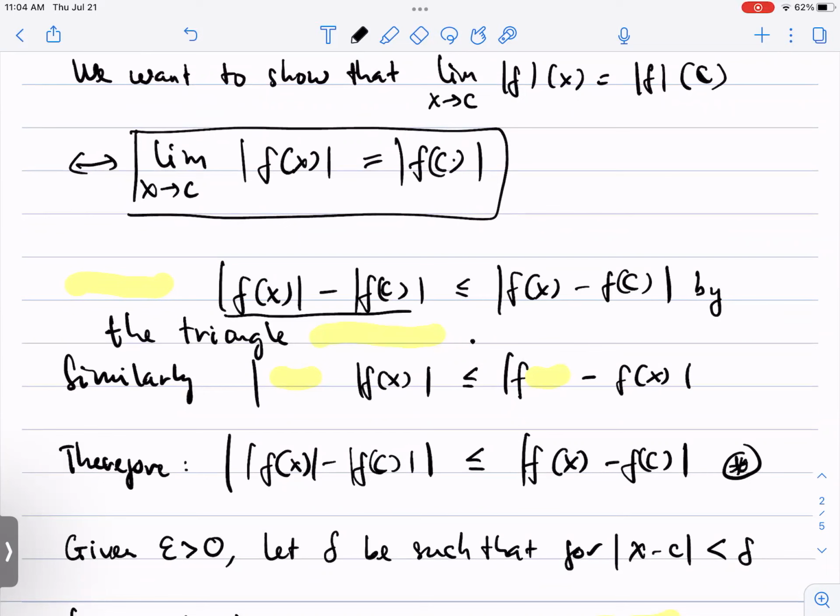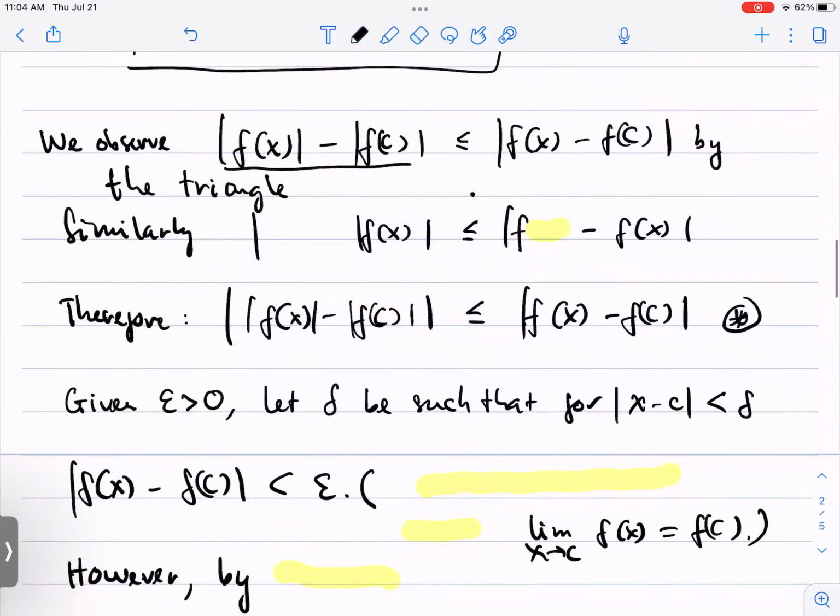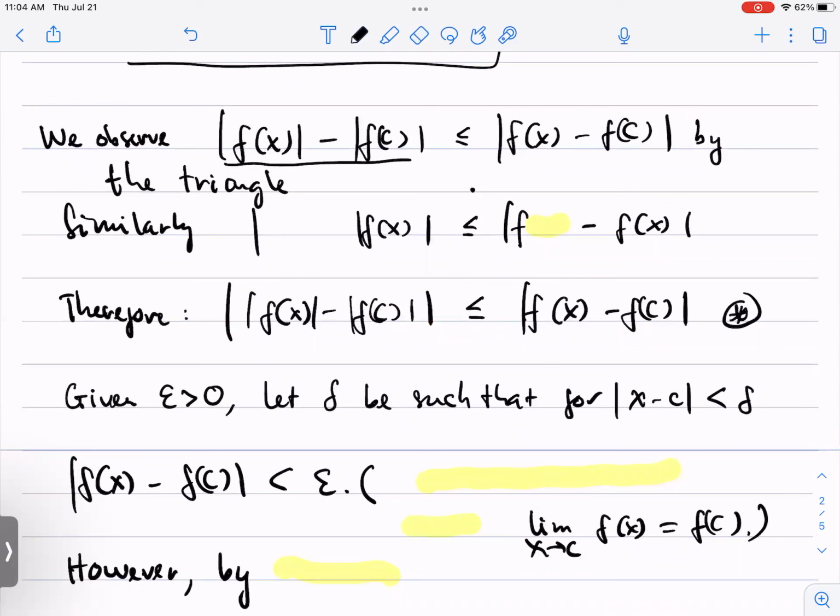In order to show that, we observe that the absolute value of f of x minus the absolute value of f of c is smaller than or equal to the absolute value of f of x minus f of c, by the triangle inequality.